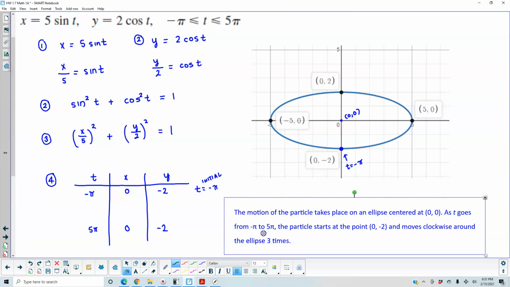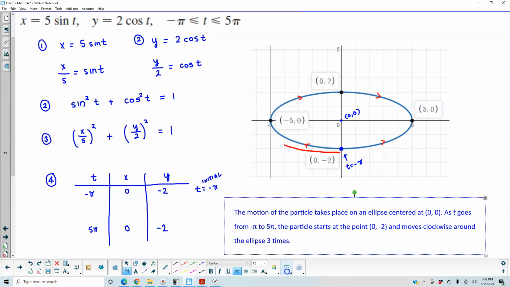As t goes from negative pi to 5 pi, the particle starts at the point 0, negative 2 and moves clockwise around the ellipse 3 times. So that means if we're starting here on the ellipse, we're moving in a clockwise direction.